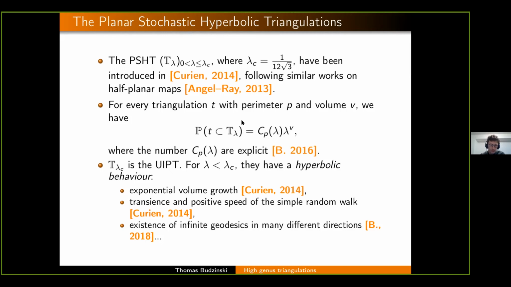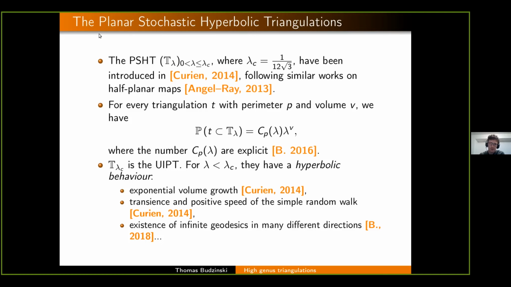So these triangulations were defined as follows. What we want is that for any small triangulation T with a perimeter P and a size V, we want the probability to be contained in one of these PSHIT to have the same form as in the UIPT, but maybe with a different value of lambda.